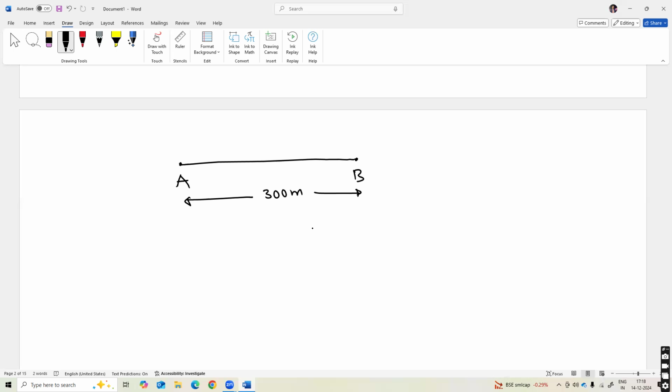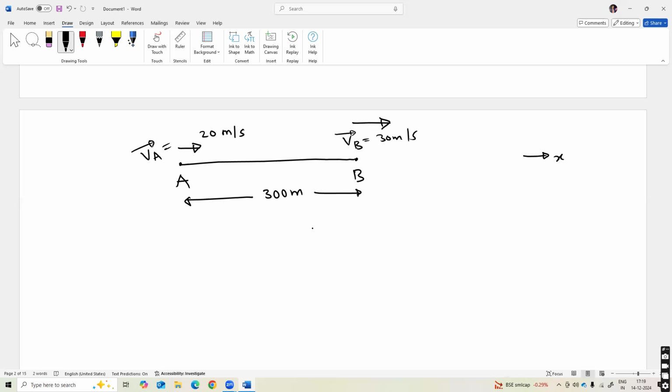Let's say the velocity of person A is 20 meters per second towards the X direction, so VA is 20 meters per second, and the velocity of B, VB, is 30 meters per second, also towards the X direction.